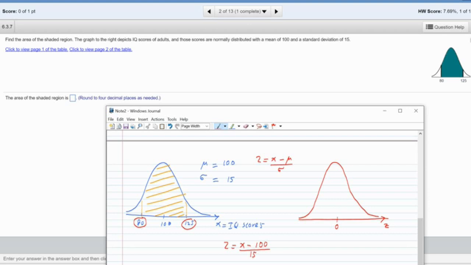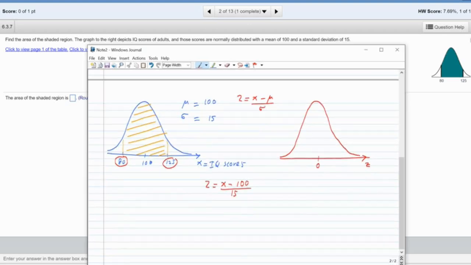Let's first convert 80. The z score of 80 equals, so x becomes 80, 80 minus 100 over 15. Again, you convert into two decimal places, so 80 minus 100 divided by 15 is negative 1.33.